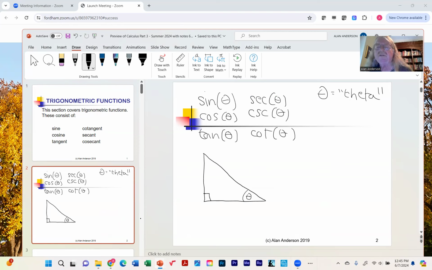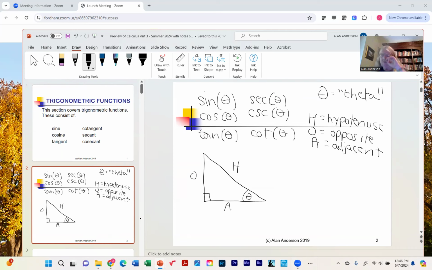From this triangle, this side is the adjacent side, or A. This is the opposite side, or O, and this is the hypotenuse, H. The adjacent side is the one right next to theta.